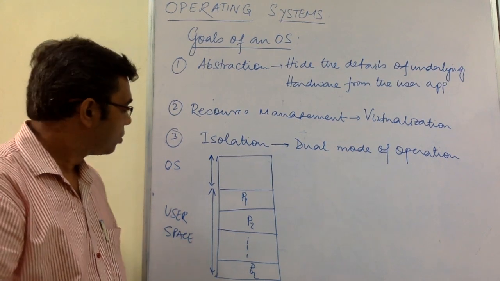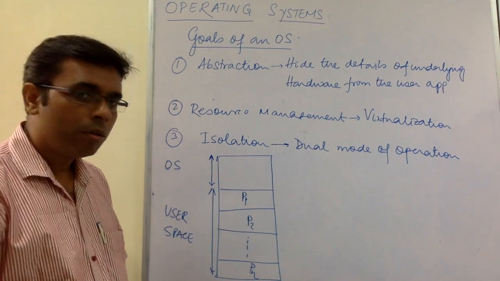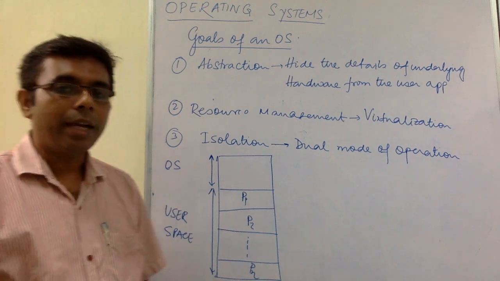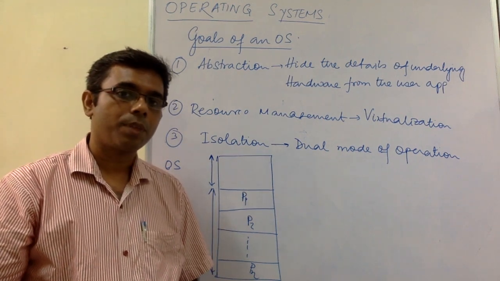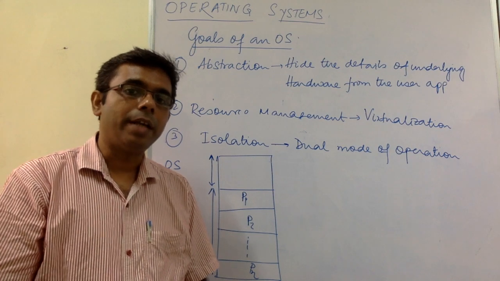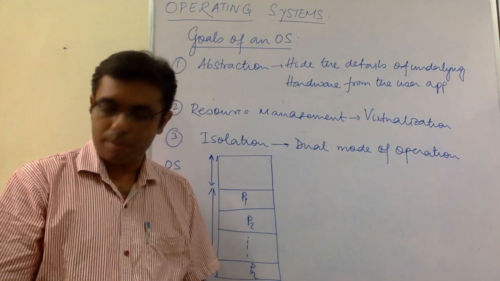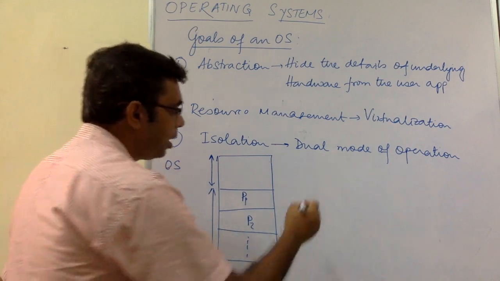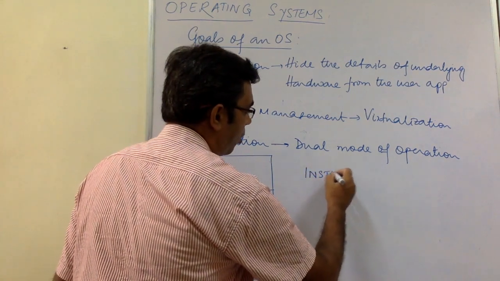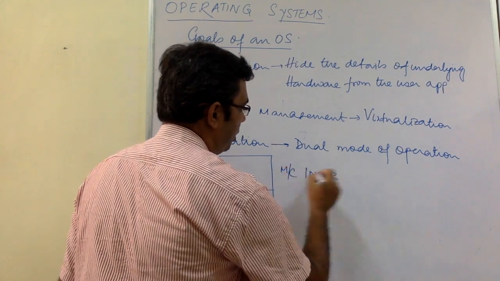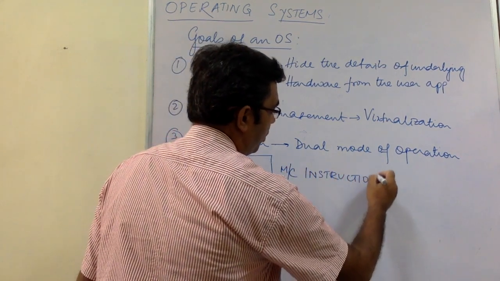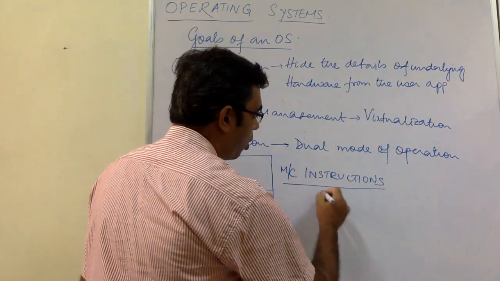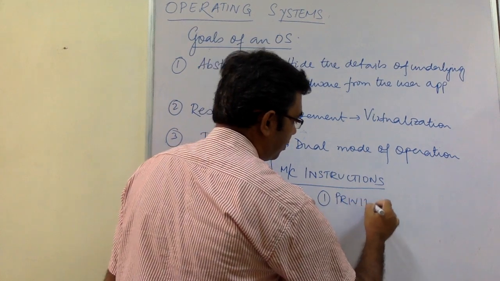Now, how do you ensure isolation? We just saw in the abstraction that there are some instructions, such as the IO access, that you have decided will be executed by the kernel. Among the machine instructions that we have decided, some of them we call privileged.